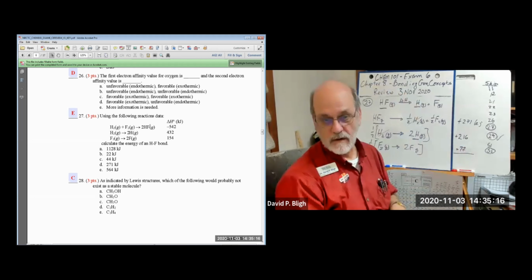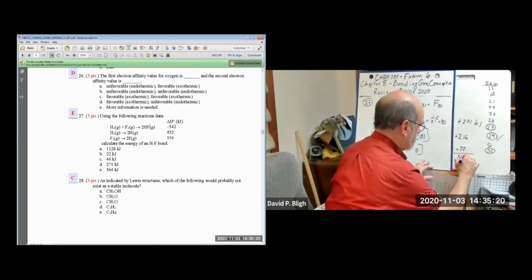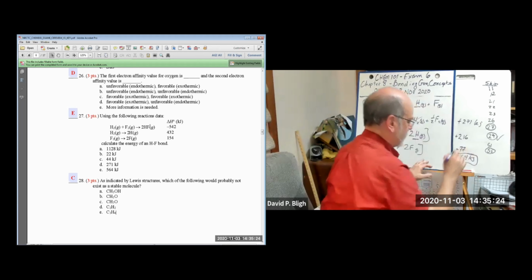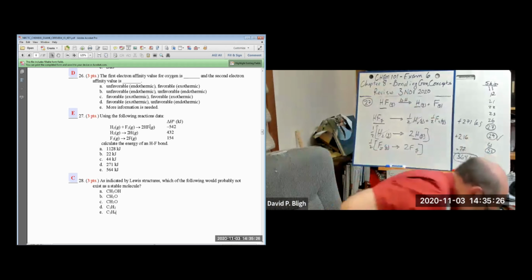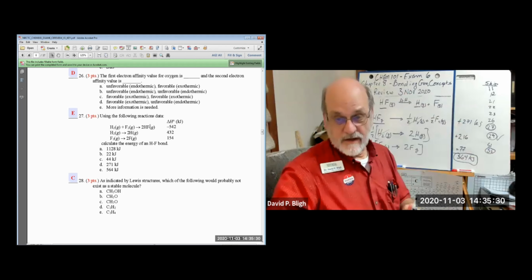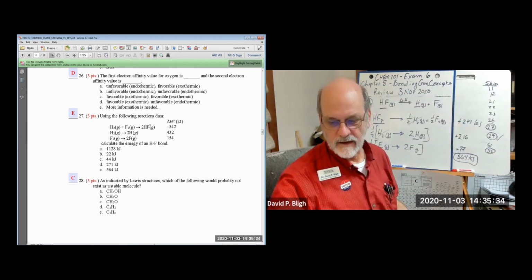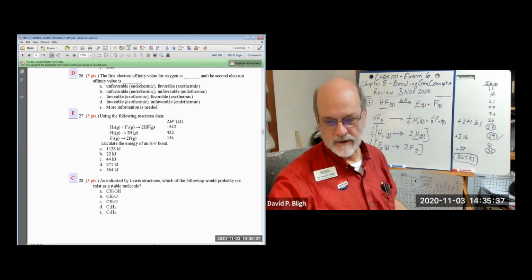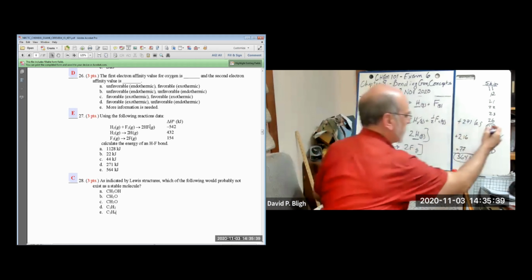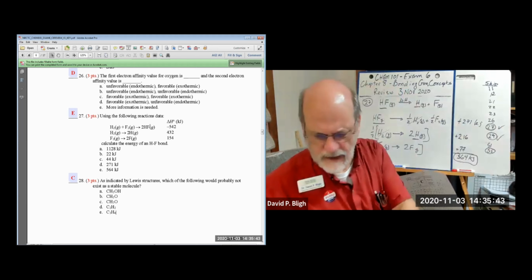Add those together, and you should get 564. Okay. So that's a Hess's problem. It's a smaller Hess's problem than the last two we dealt with, and that was 27. Okay. I think I already did 52. Yeah, I did 52 already.